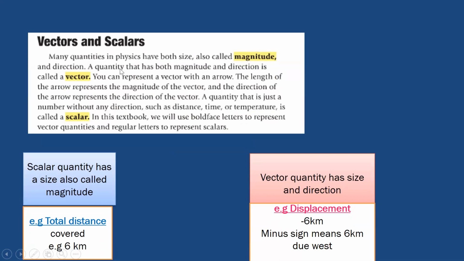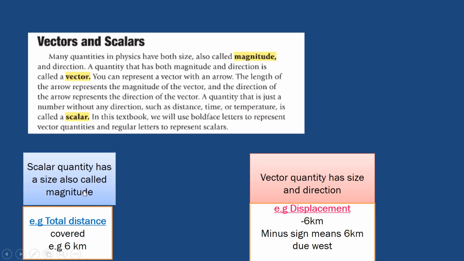If a quantity has size and direction, it is called a vector. So you represent vectors with an arrow, and for example, the length of it will represent the size of this quantity.